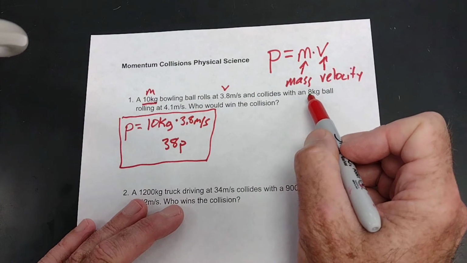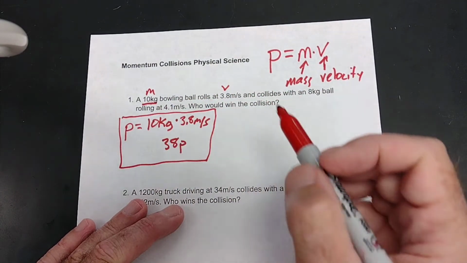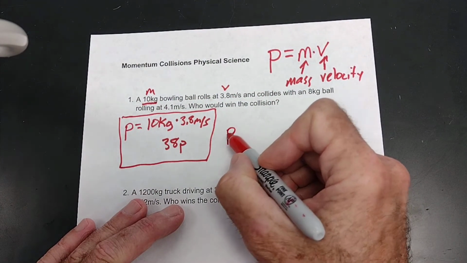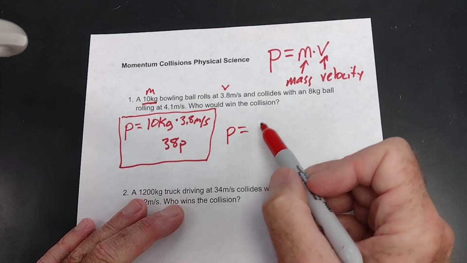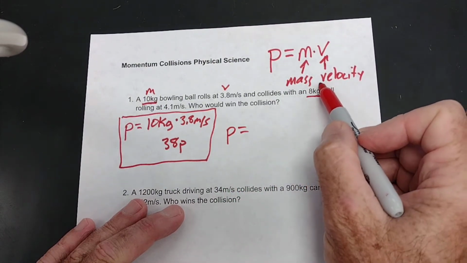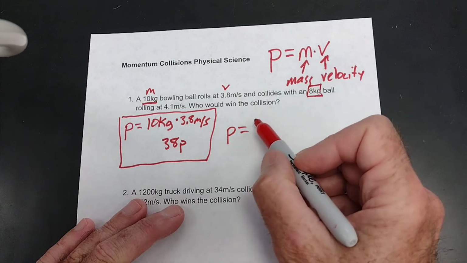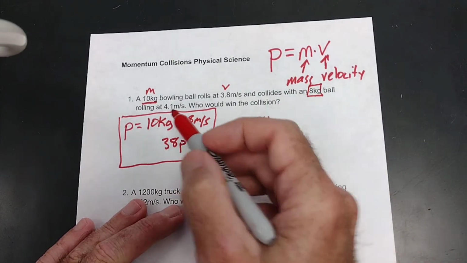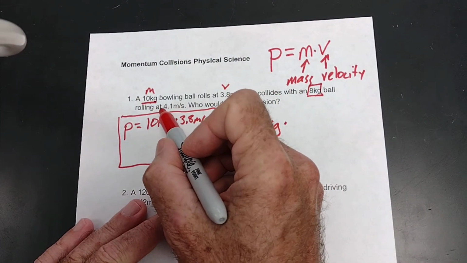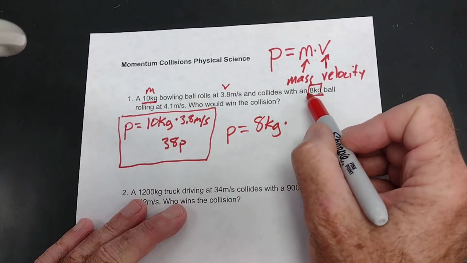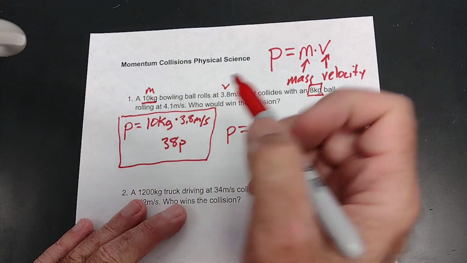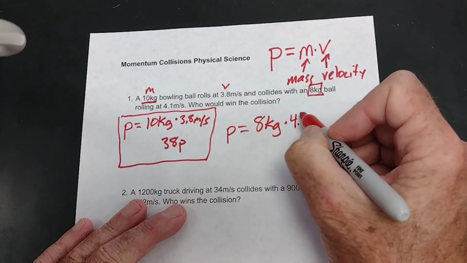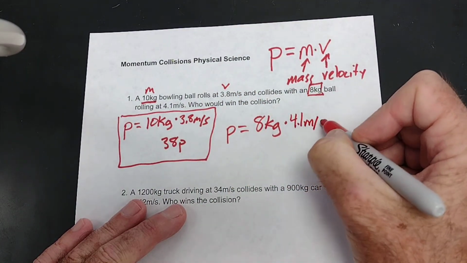All right. It collides with an 8-kilogram ball rolling at 4.1 meters per second. P is equal to 8 kilograms. That is the mass. So 8 kilograms times the velocity. The velocity of that is 4.1 meters per second.